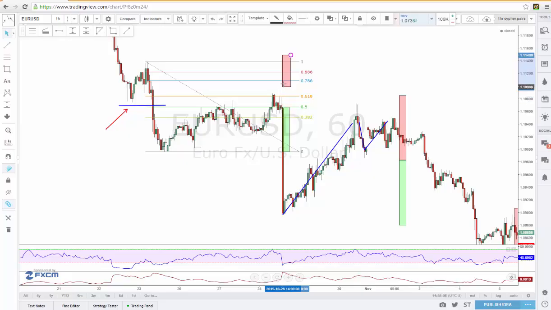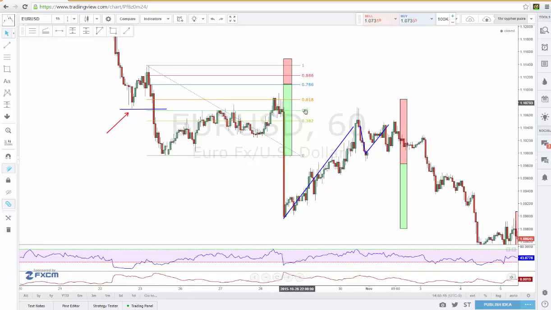Or you can be a little more conservative and say, well, I get a way better risk reward if I sell at the 786 right here. So there's unlimited ways to take profits, to set stop losses, and to build a trading strategy that could be profitable.